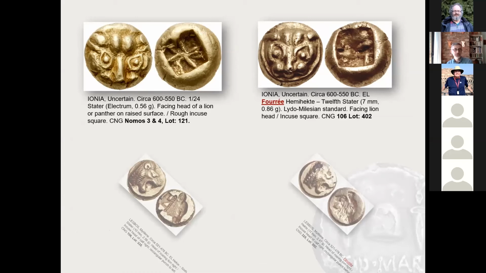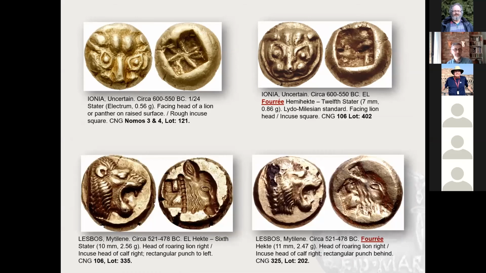And here is one from Mytilene, Lesbos. It's a fascinating coin, and they came up with a fascinating reverse idea. Instead of a simple punch mark, they simply put the incuse head of a calf. It's a fascinating idea and artistically beautiful rendition here, and they plated the same coin later.